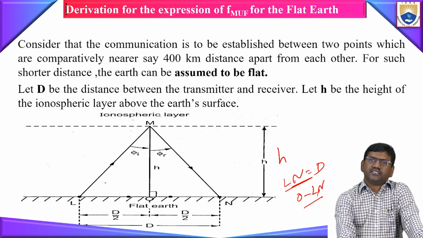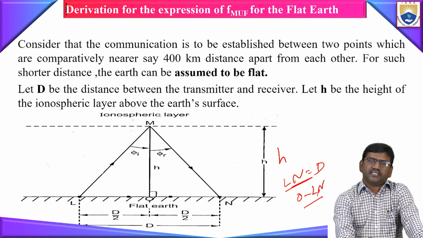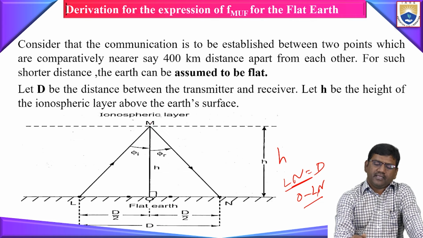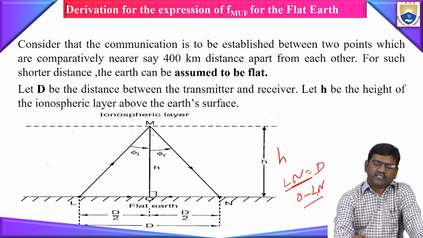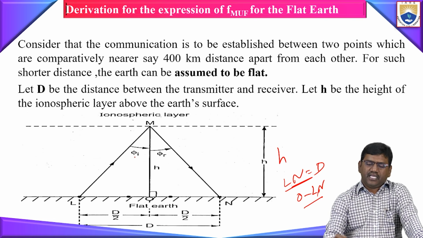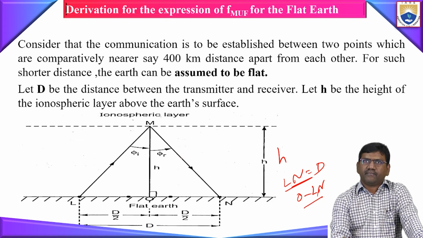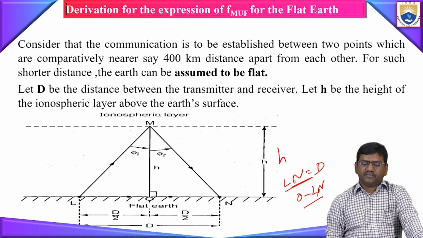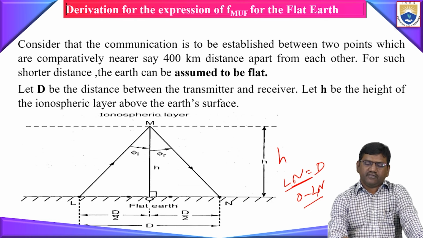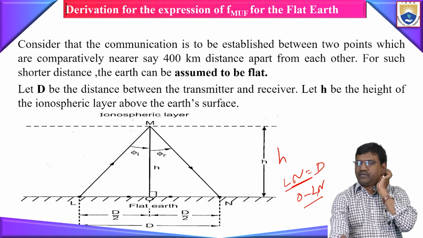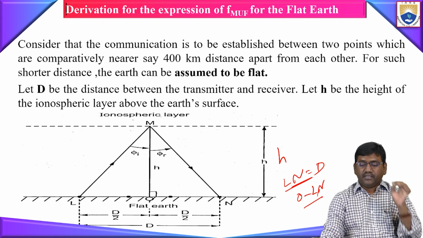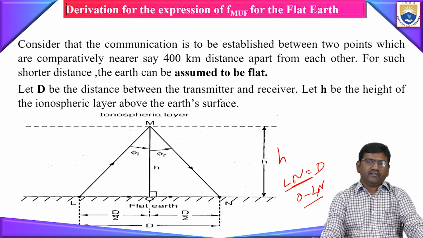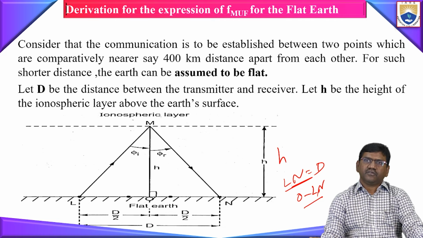And let us assume that the transmitted signal touches the point M in the atmospheric layer with an angle of incidence theta I, and the angle of reflection is theta R. So these are the assumptions which we are going to use in our derivation. L, M, N is the path where we transmit the signal from L to N, and M is one of the points in the atmospheric layer where it touches and reflects. The wave is going to reflect back.